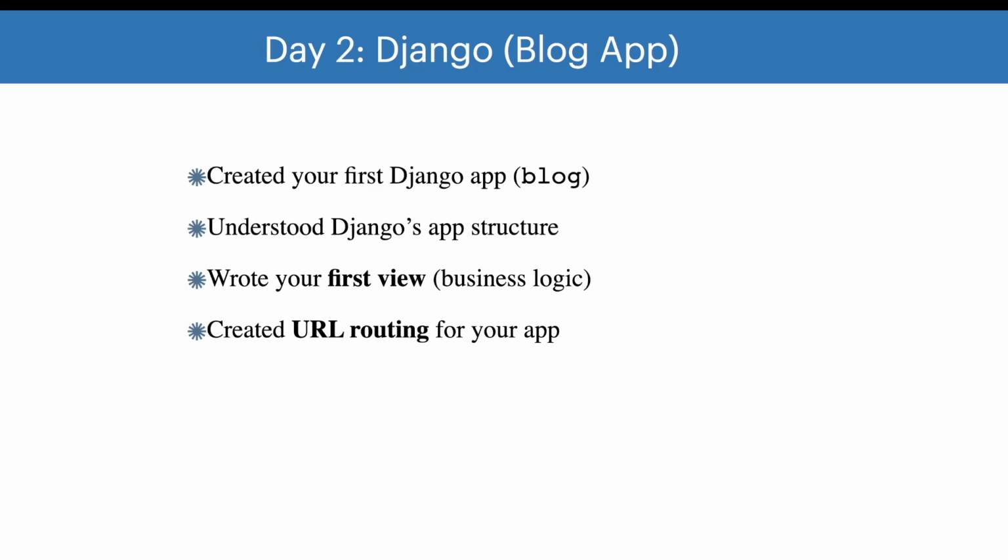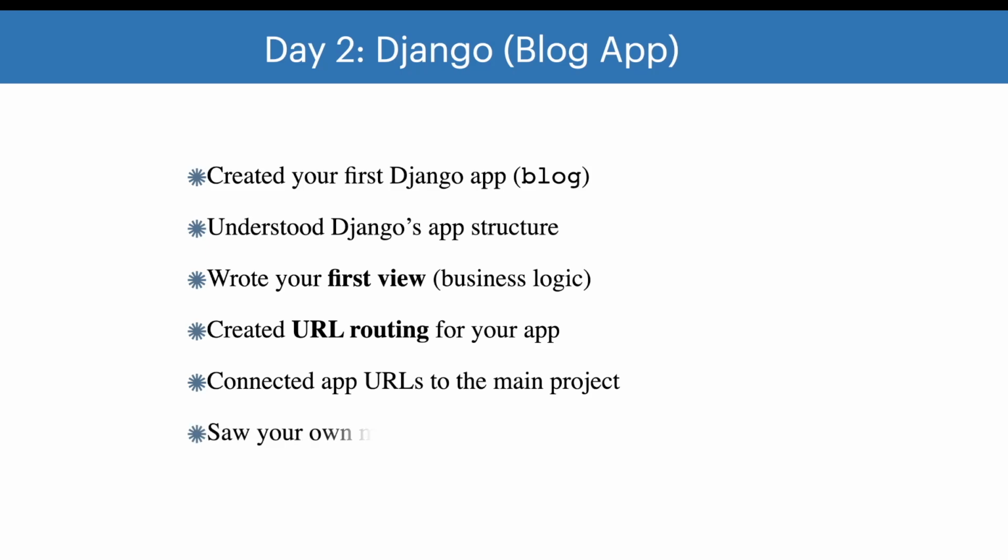When you create a Django app, you need to create a URL routing for that particular app. So you've done that today. And you connected your app URLs to the main project URL. And finally, you saw your own message in the browser. This is a great one, and I am so happy about this.